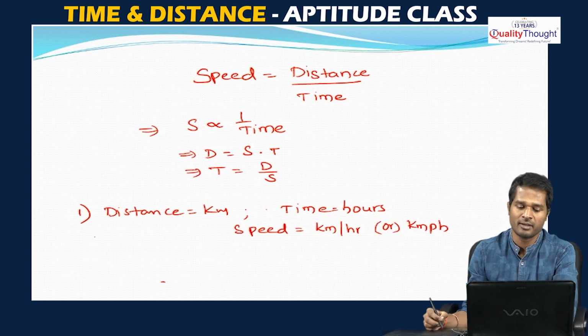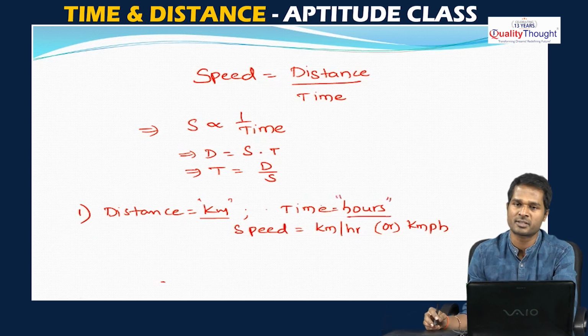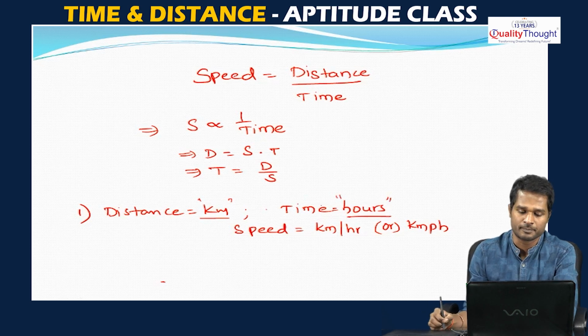Whenever the question gives the distance in kilometers, the time should be given in hours. If he gives the time in minutes or seconds, convert them into hours. So how will we convert this time from minutes to hours?